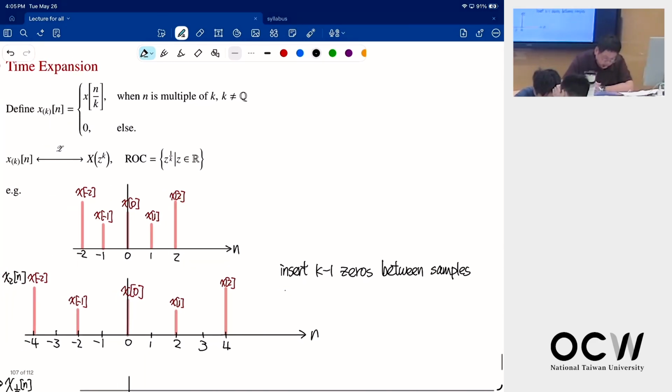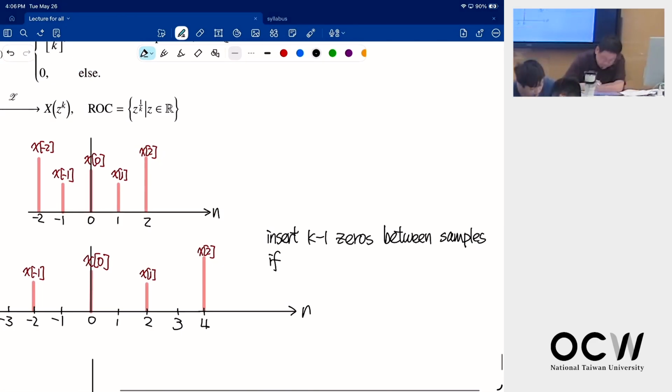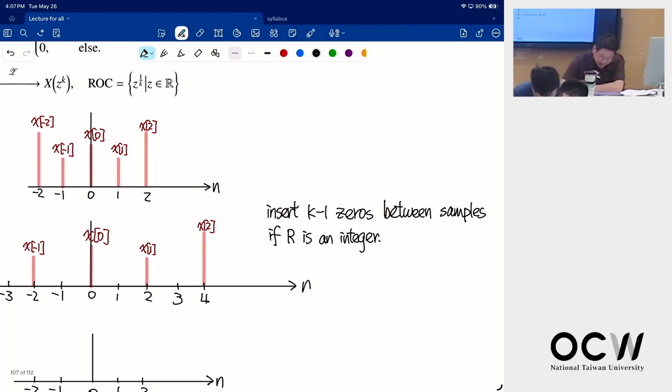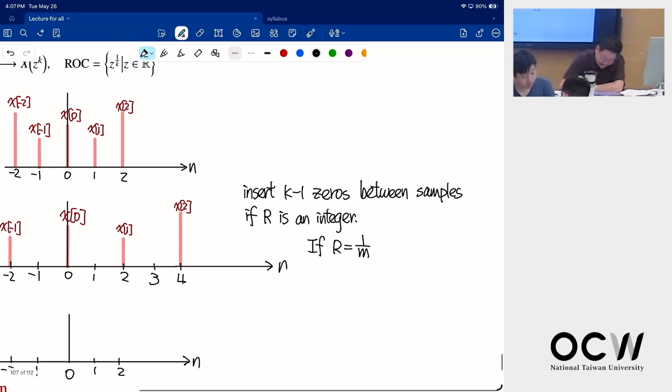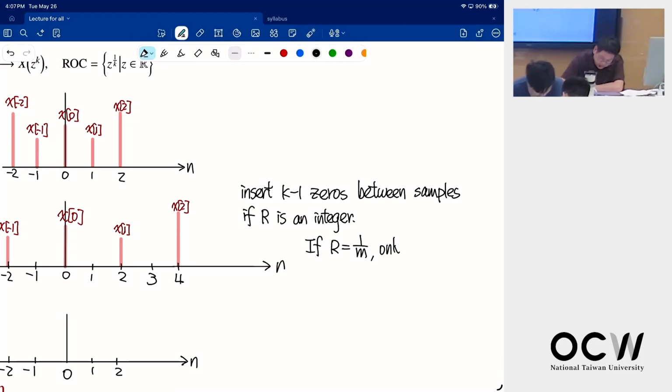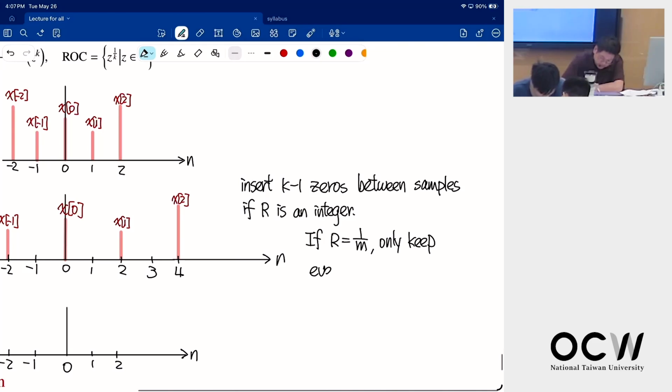If the real number is an integer, I insert zeros. If this real number is one over m, then we will only keep every m samples.